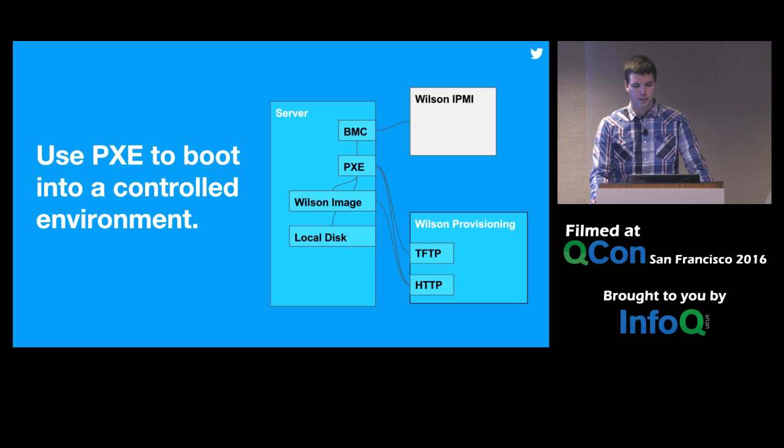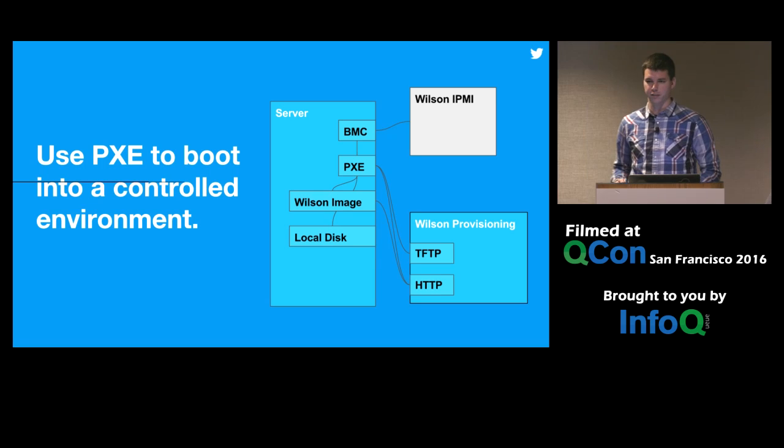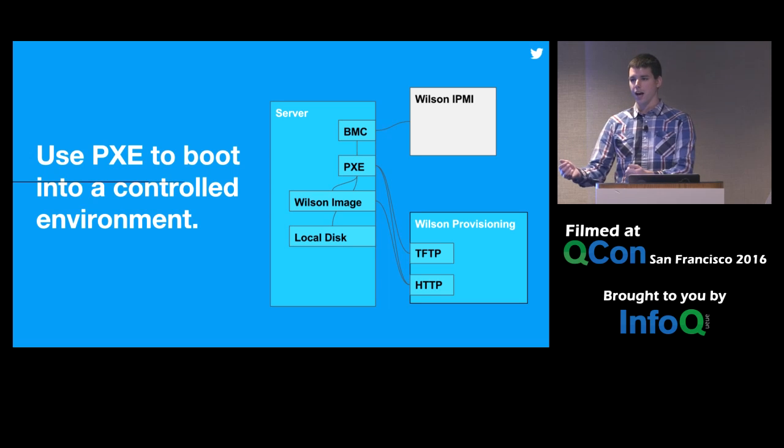However, if a custom action is taken, it pulls down the image, boots into it, examines the command line parameters that we passed on the Pixie menu, and says, okay, I need to boot into, say, the BIOS update stage. It will then talk to Wilson provisioning again and say, hey, I need everything I need to run the BIOS update stage.